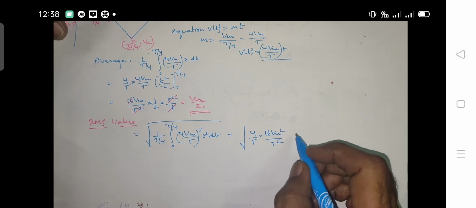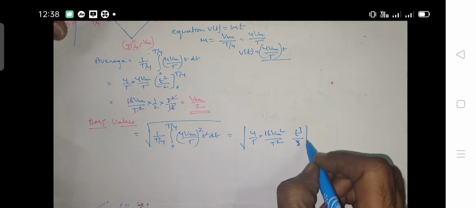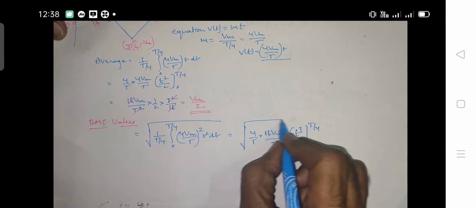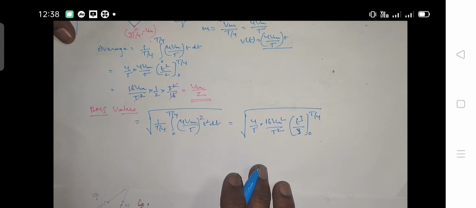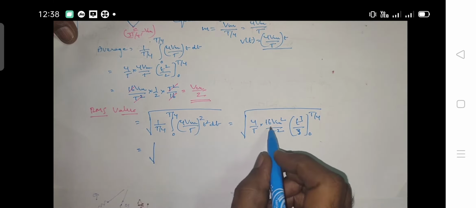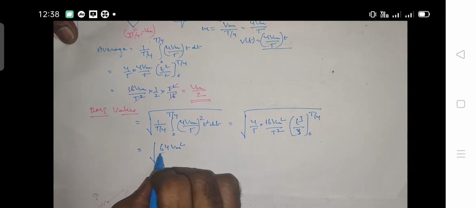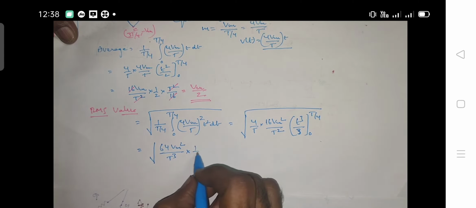Integral of t squared will become t cubed by 3 over 0 to T by 4, and this is equal to the square root of 16 into 4, 64 Vm squared by T cubed multiplied by 1 by 3.